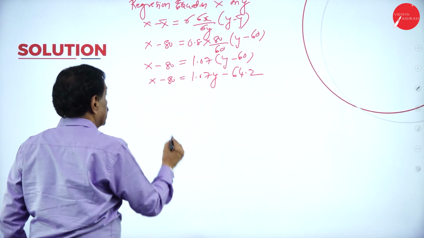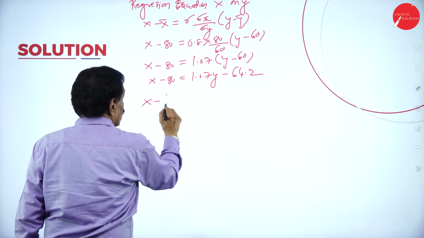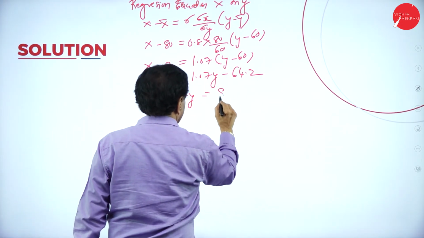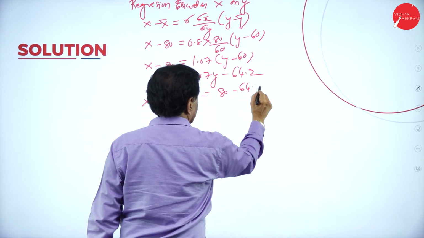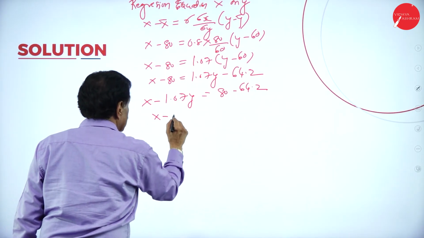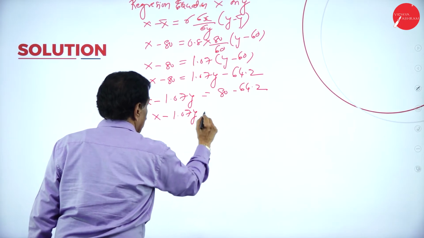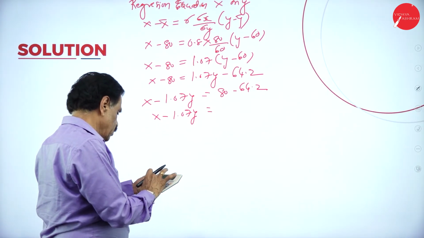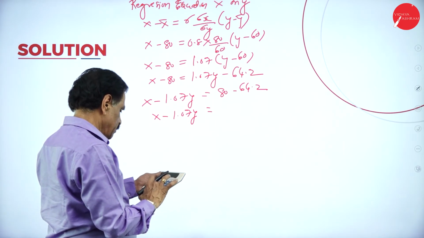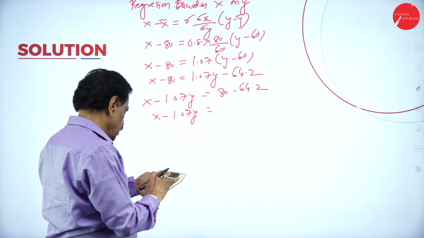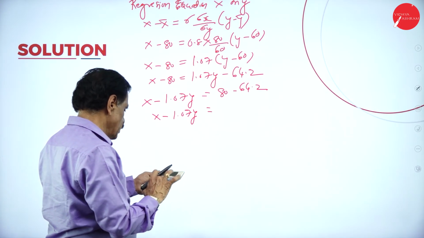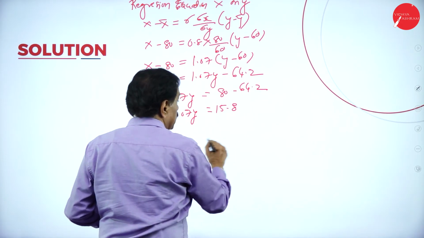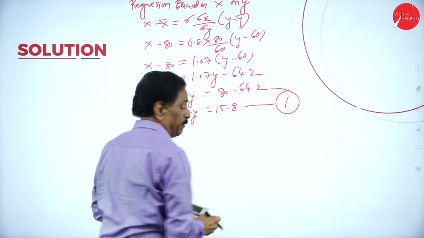To take the y this side, x minus 1.07y becomes plus 80 minus 64.2. X minus 1.07y equals 80 minus 64.2, which is 15.8. This is equation number 1.